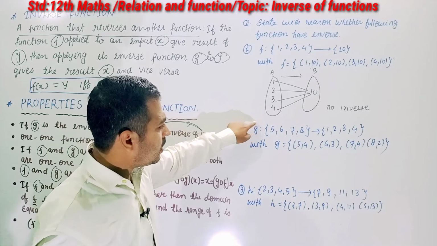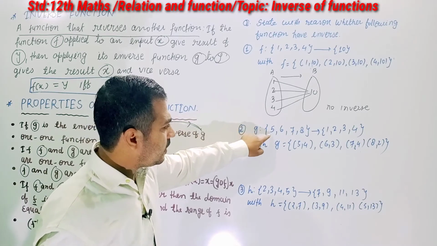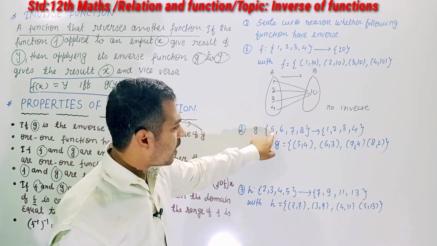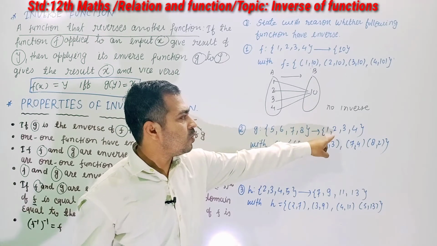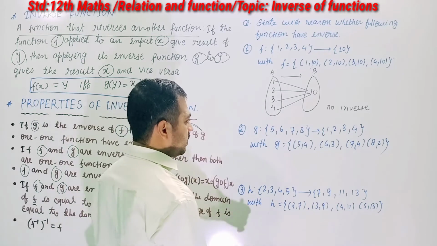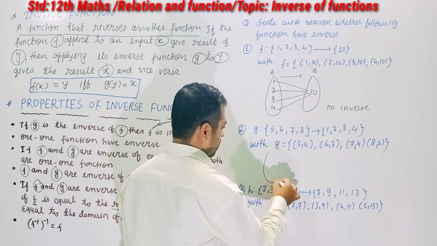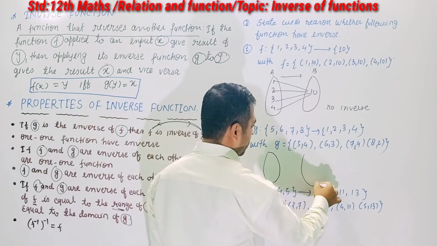Next is g. For function g, you put the inputs 5, 6, 7, 8, and you get the outputs 1, 2, 3, 4, right students? Suppose this is one set of elements and this is another set.